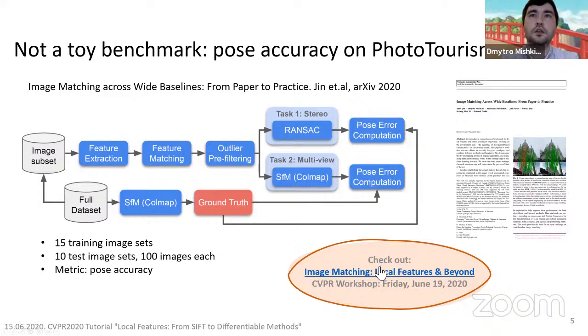So how does it work? Imagine you have a bunch of images depicting the same scene, like the Eiffel Tower, Sacré-Cœur, or some other landmark. You can feed them into a structure from motion pipeline to get a 3D reconstruction.